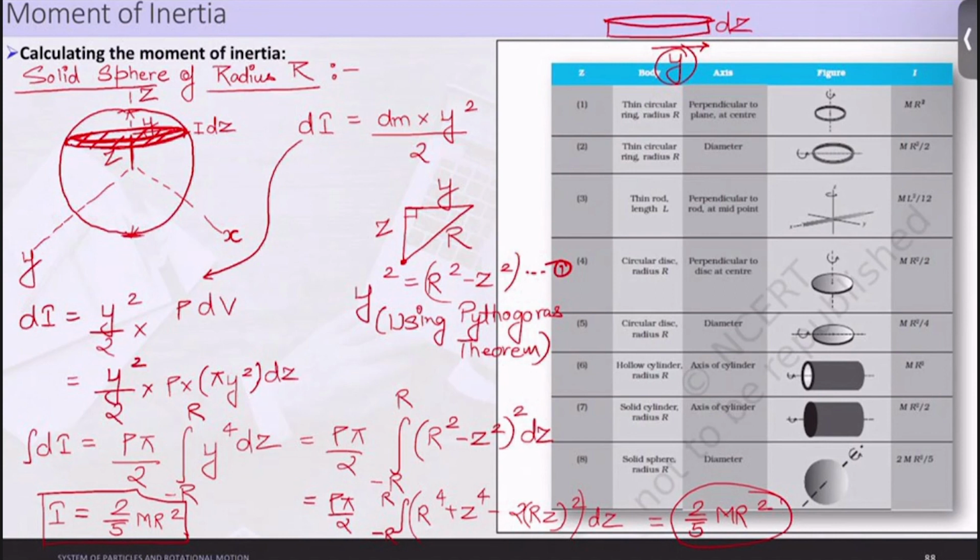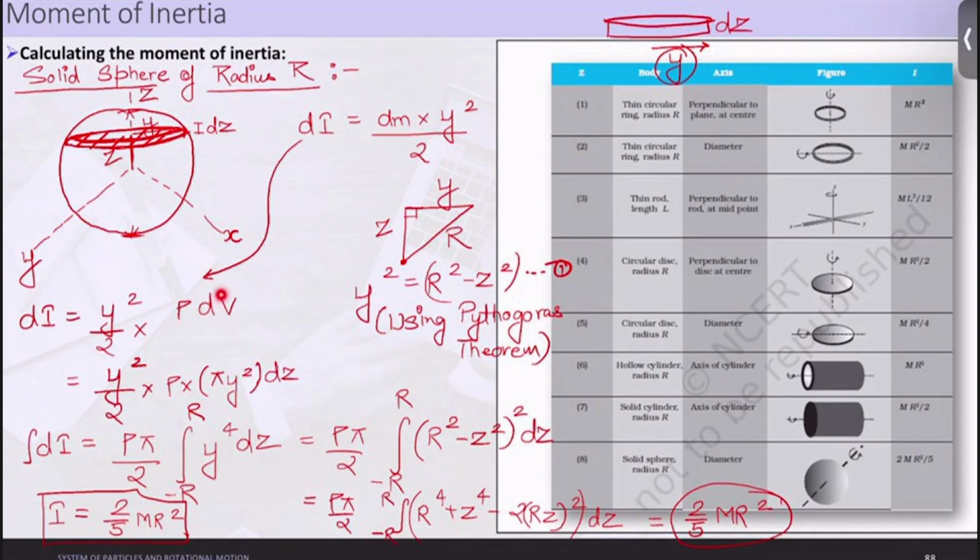Fine. So let me recap everything I just explained so that you can understand it clearly. We first wrote dI is equal to dm into y square by 2, where our infinitesimal mass was a circular disk having a depth of dz and radius of y. So what is dI? In the place of dm we can write rho into dv.